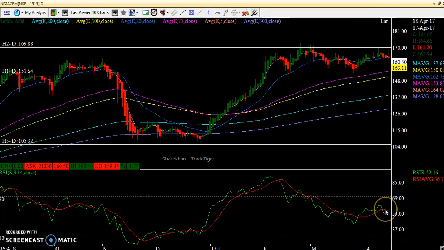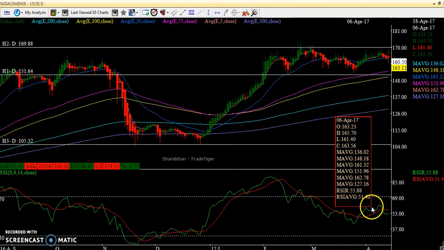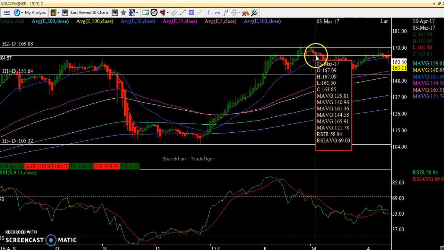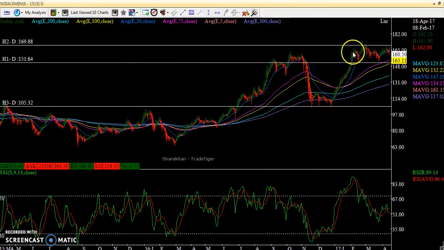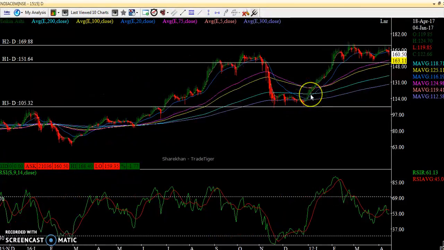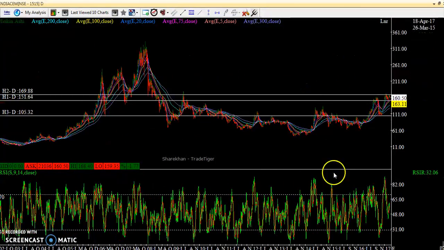So you can say that the oversold and overbought levels might have changed for this particular stock, from 30 to the 50s level, with the 50s being the overbought level and the supply coming in. So I would consider these levels as its supply level. I won't really take this trade because of its sideways momentum.